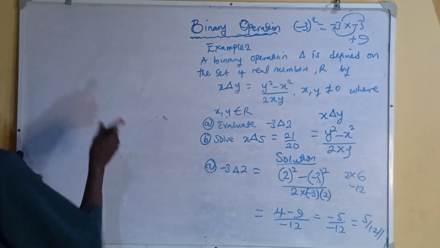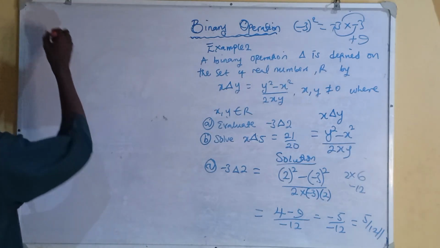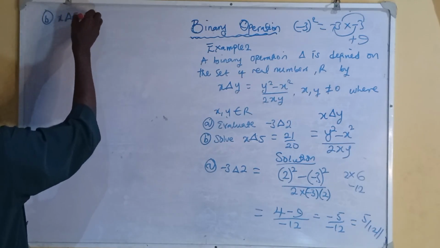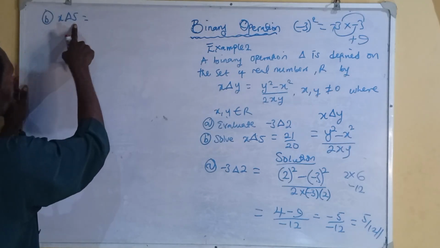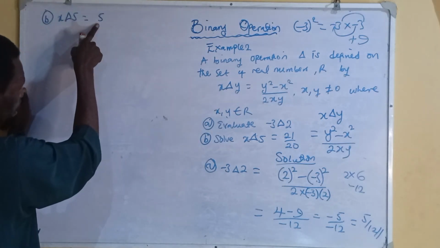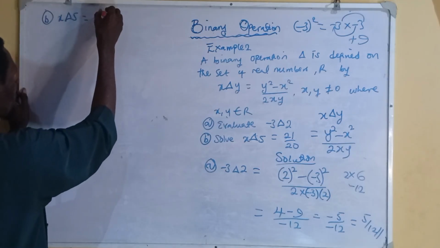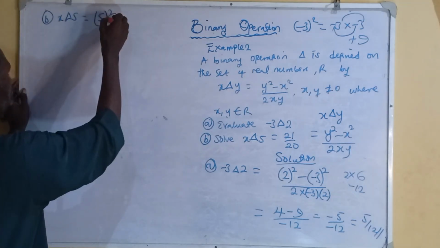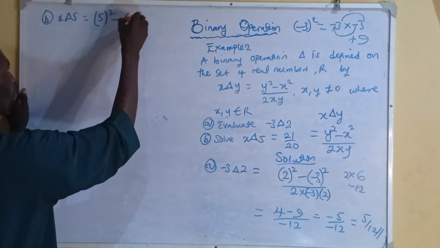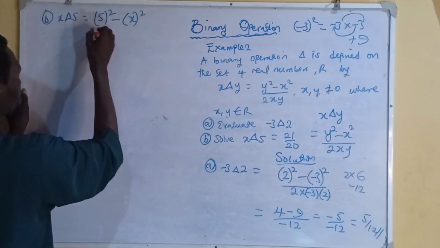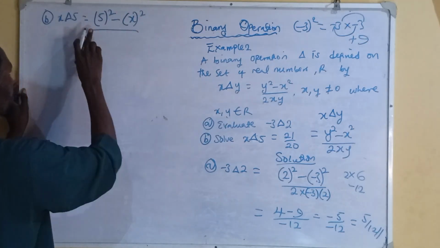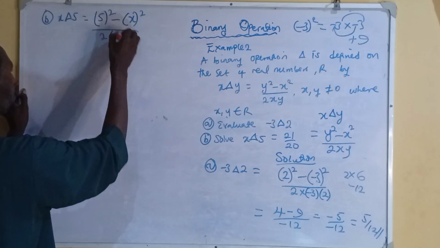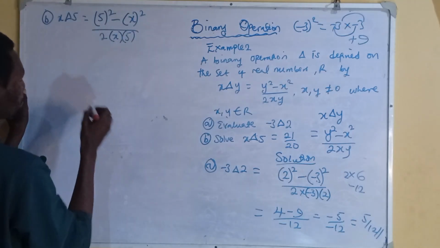Don't forget the rule: the first element is combined with the second element to give you the second element squared minus the first element squared, all over twice the product of the first and the second element.